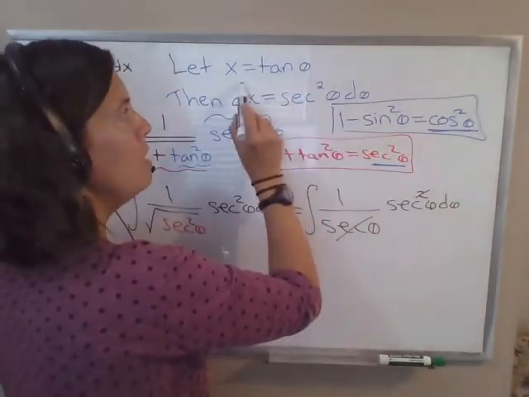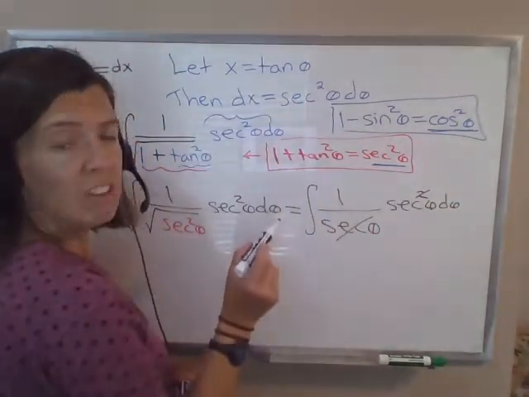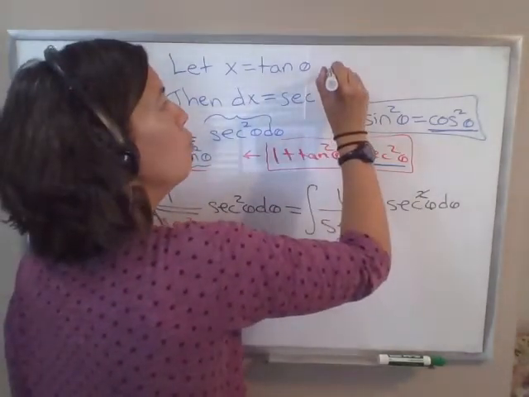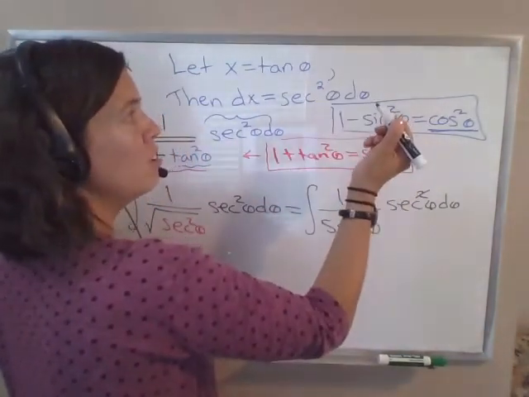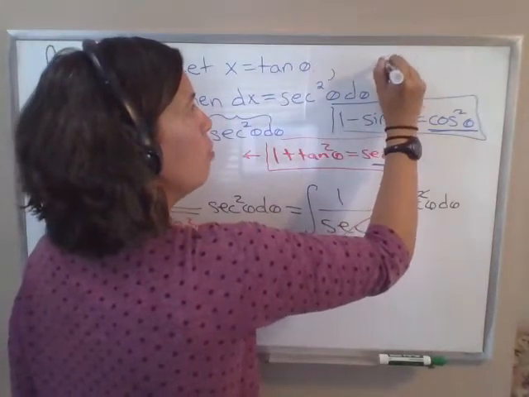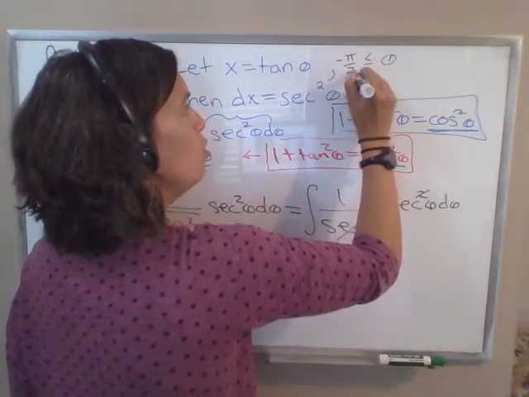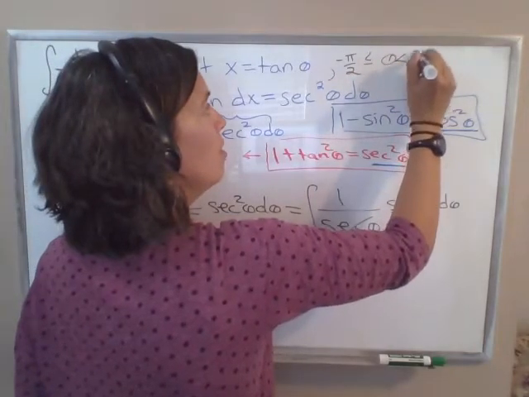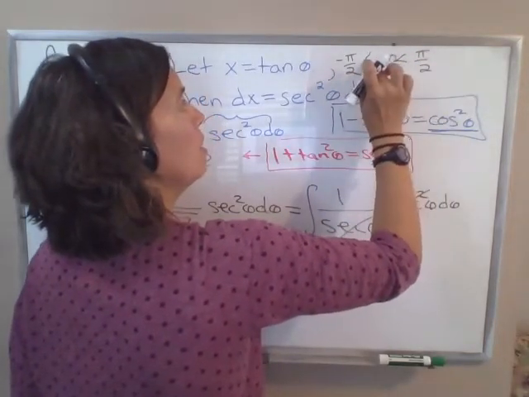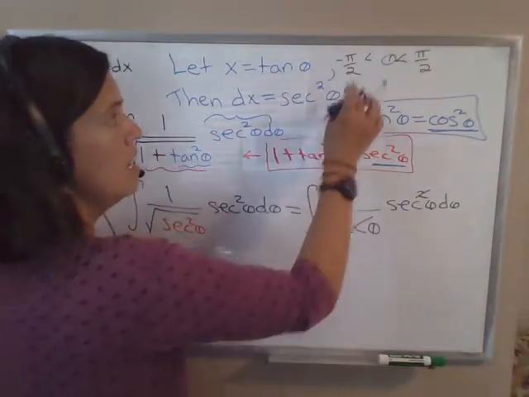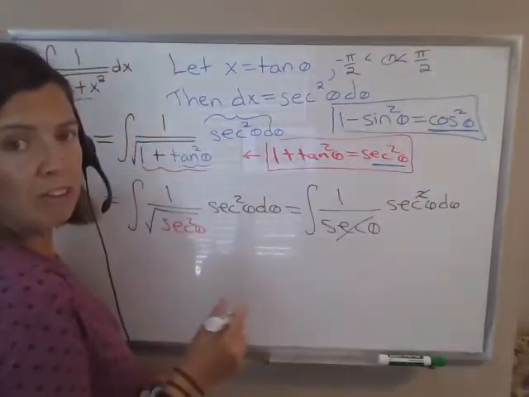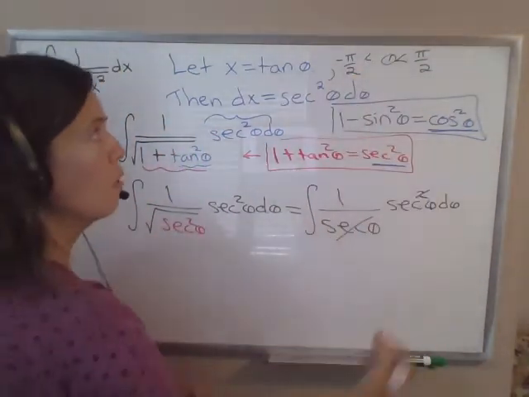But when we do this substitution, x equals tangent theta, we should put a little condition on here that we're only allowing theta to range from negative pi over 2 to pi over 2. And this should be a strict inequality because tangent's undefined at negative pi over 2 and pi over 2. That's where those vertical asymptotes are in the graph.